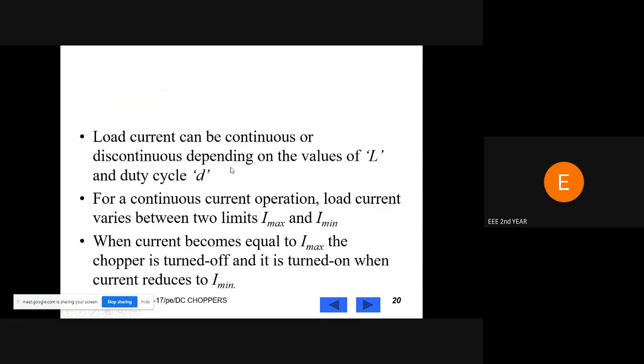The load current can be continuous or discontinuous depending on the values of L and the duty cycle. For a continuous current operation, the load current varies between two limits, one is I maximum and the other is I minimum. So the load current varies between these two limits. If the current becomes equal to I maximum, then the chopper is turned off, and it is turned on when the current reduces to the minimum current.